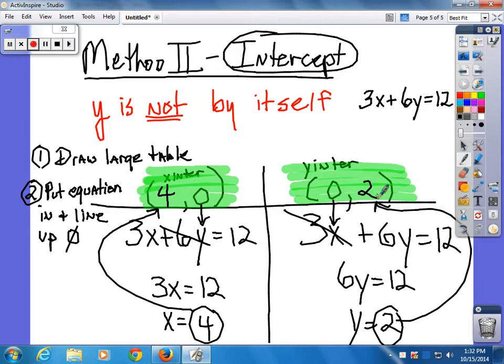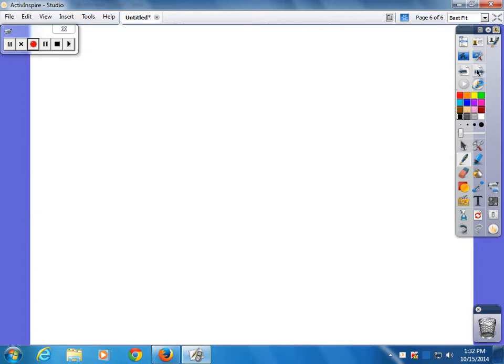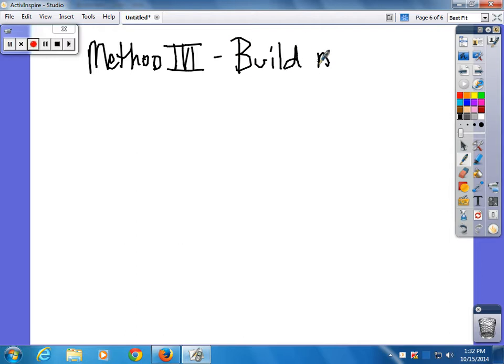Now, method 3. Method 3 is what I call building a line. What you need to write out to the side is plotting or graphing using the slope and y-intercept. That's what you need to write.